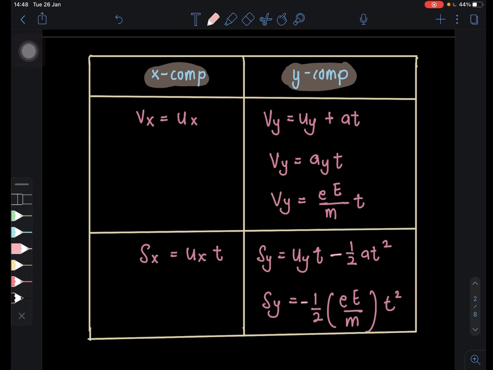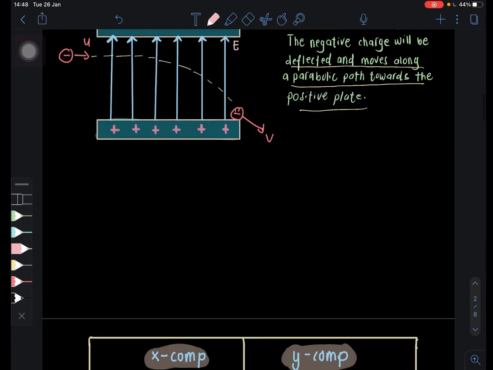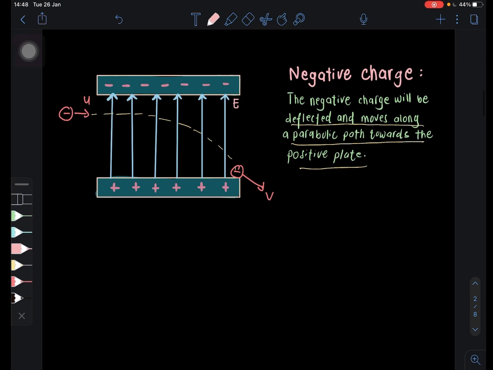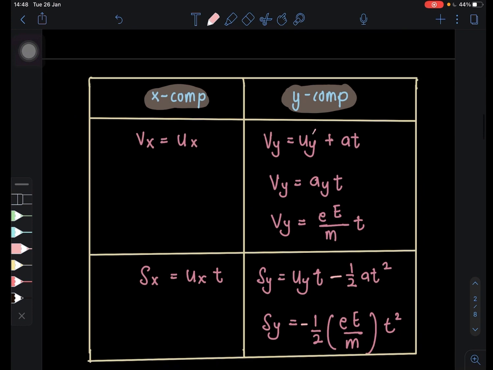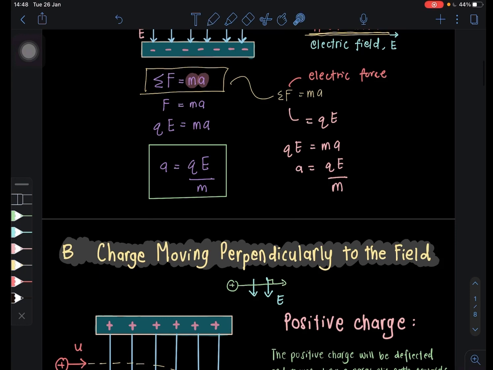But for the y component, since initially this charge only moves in the x direction, there is no y direction, meaning that uy dekat sini will be equal to 0, and then a dekat sini adalah acceleration. So acceleration macam yang kita bincang tadi, acceleration is equal to QE divided by m, where Q here will be the value of the charge.